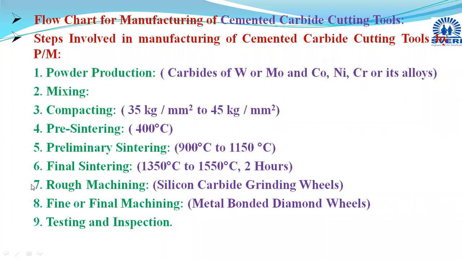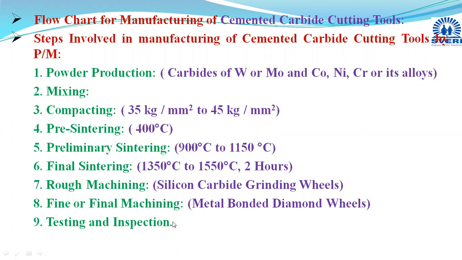Machining is done in two ways. First is rough machining, which is done with the help of silicon carbide grinding wheels, and final or fine machining is done with the help of metal bonded diamond wheels.